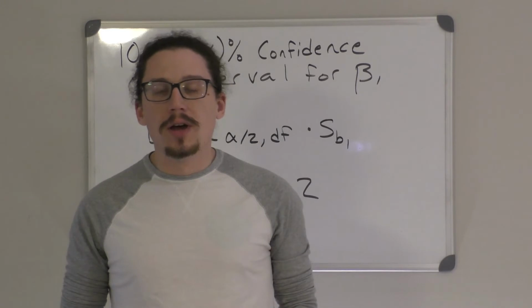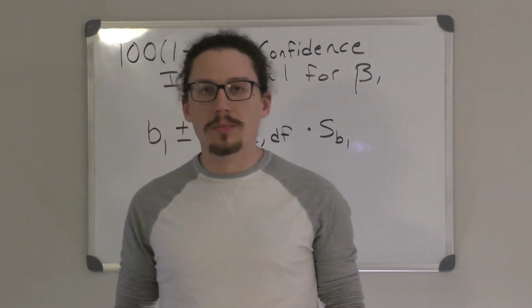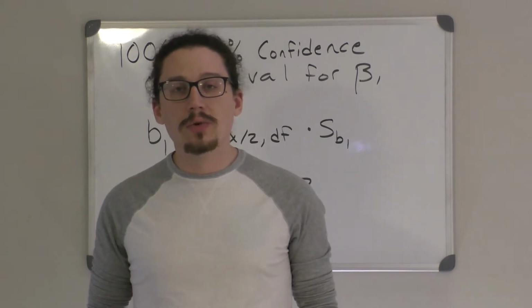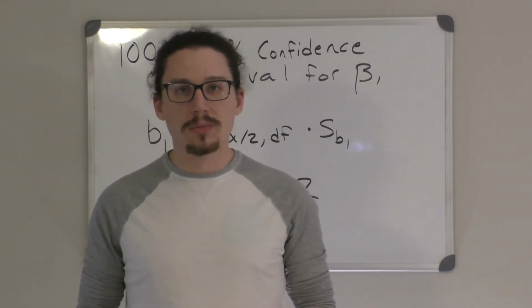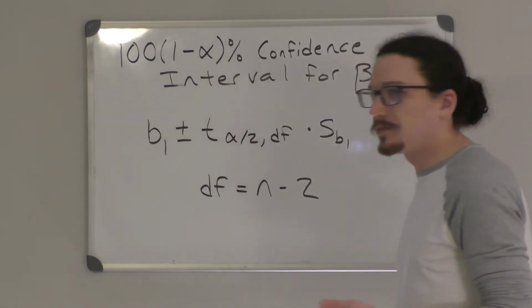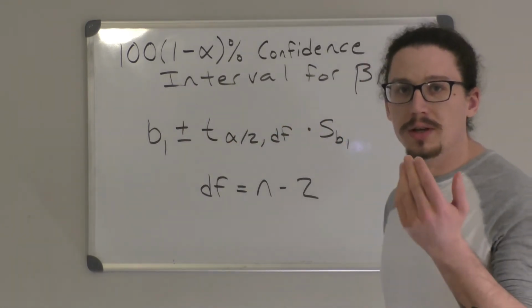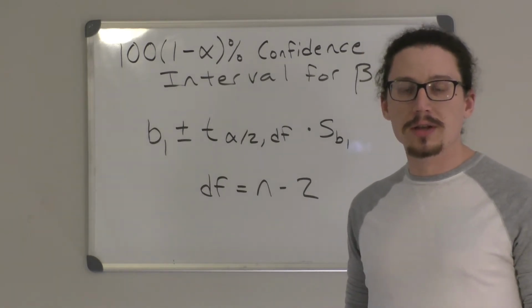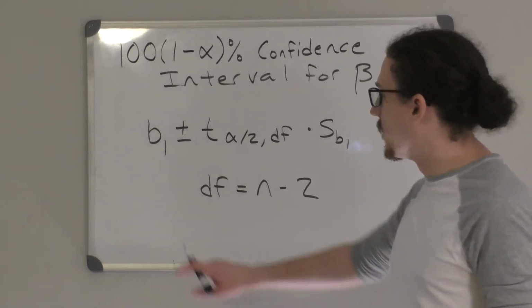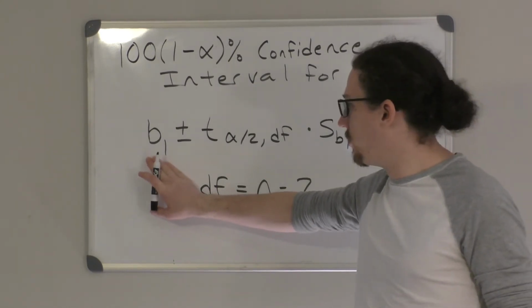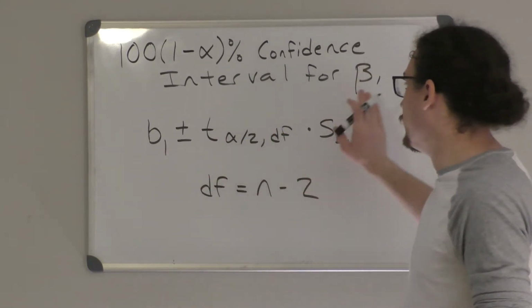Now that we have found how to get our standard error for B1, we can get our equation for the confidence interval for beta 1. And this is it. It looks similar to the confidence interval formula that we just looked at for the population mean. We've got our estimate of the parameter, B1 being the estimate of beta 1.